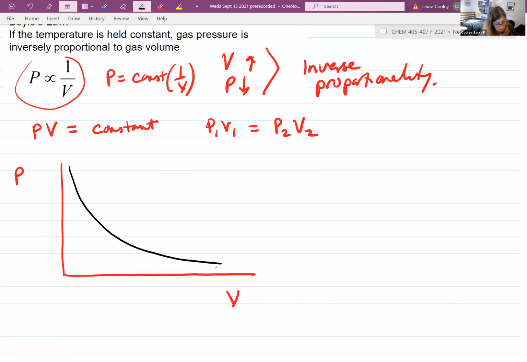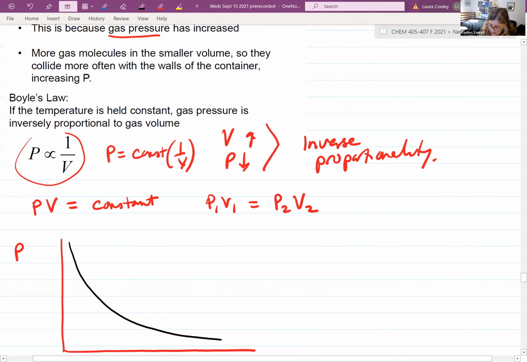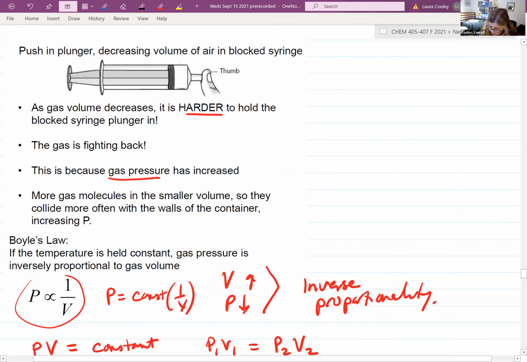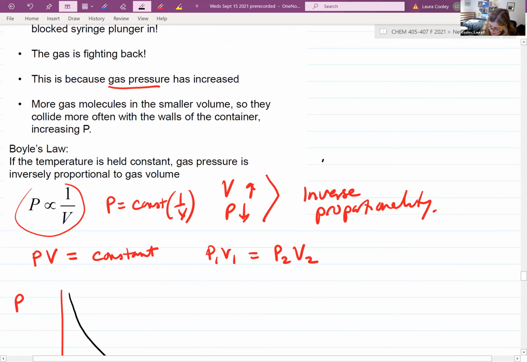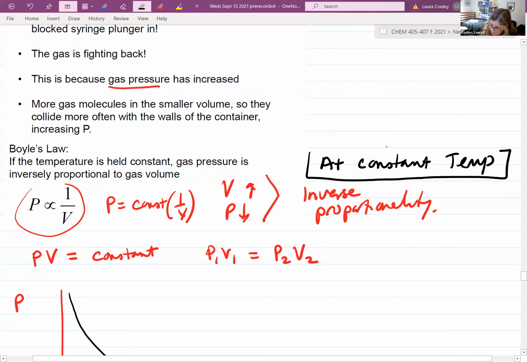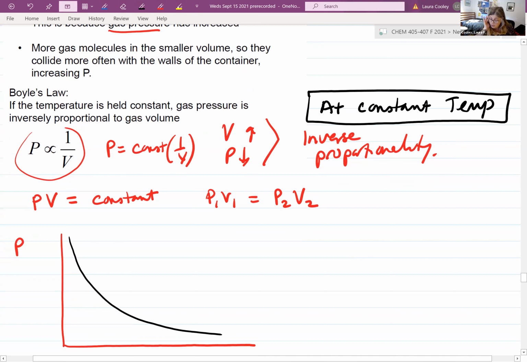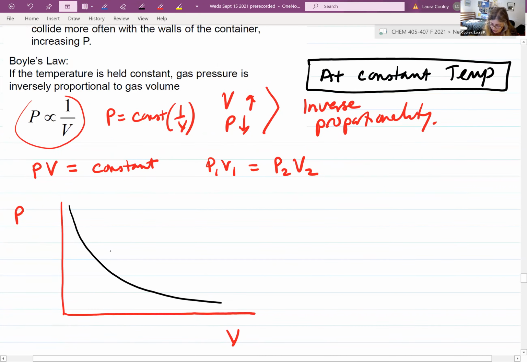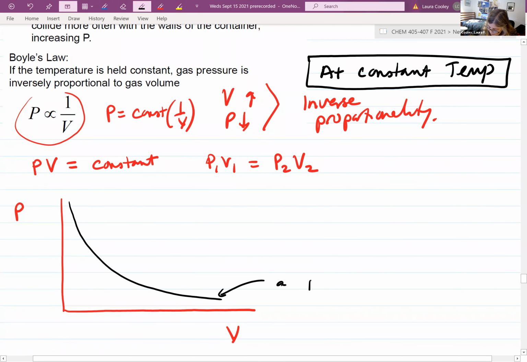Okay, and so let's see. I didn't mention it, but it's very important for me to have said that this happens at constant temperature. Okay, so when I pushed in the syringe, the temperature in the room wasn't changing. Of course, I didn't measure the pressure, but it would have been an inverse proportionality. So this curve here is for a particular temperature.